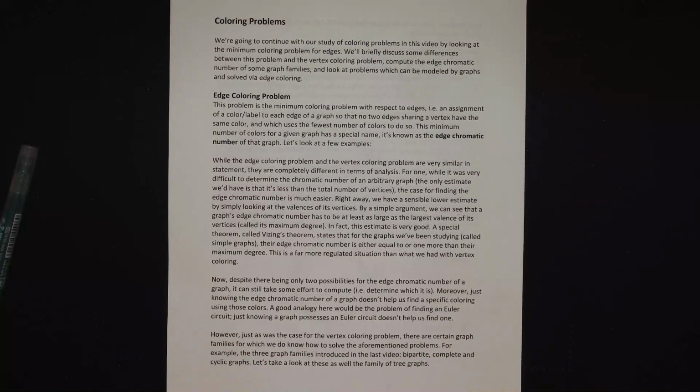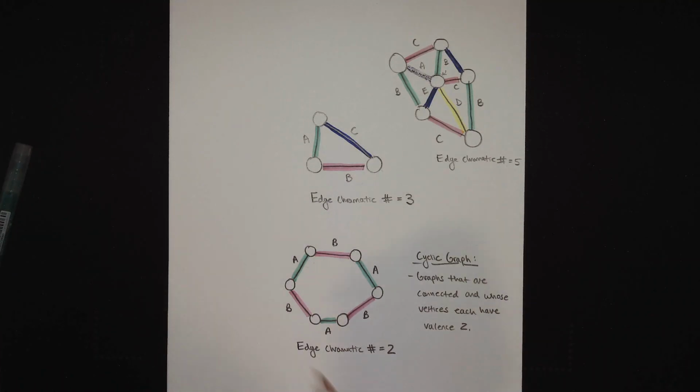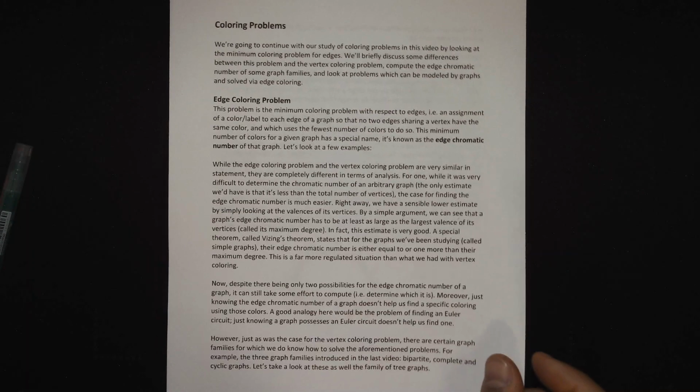However, just as was the case for the vertex coloring problem, there are certain graph families for which we do know how to solve the aforementioned problems. Meaning, for these graph families, we can know exactly what the edge chromatic number is for a graph in that family, and in some cases even have an algorithm for finding a minimum coloring using that number of colors of any instance of a graph from that family.